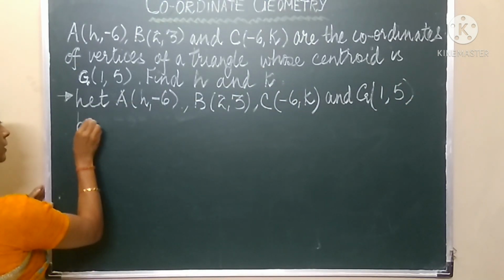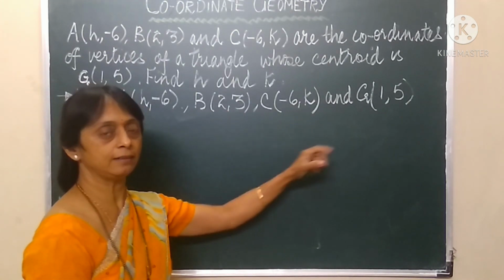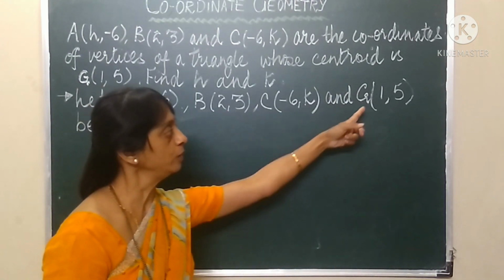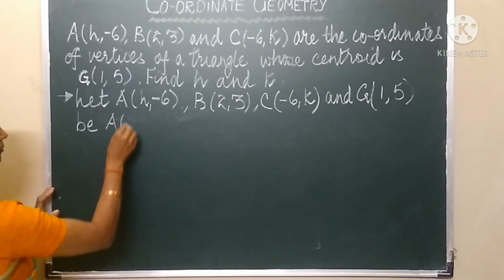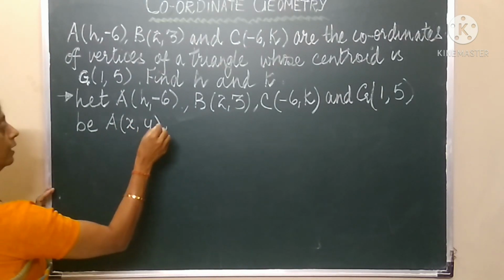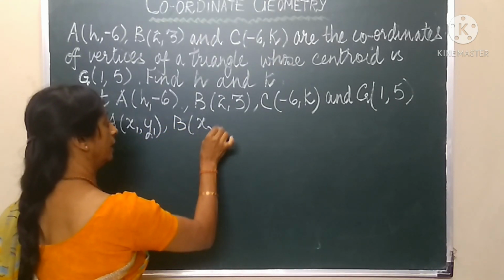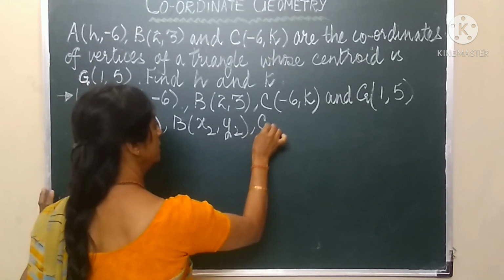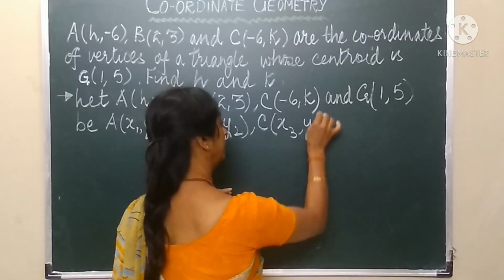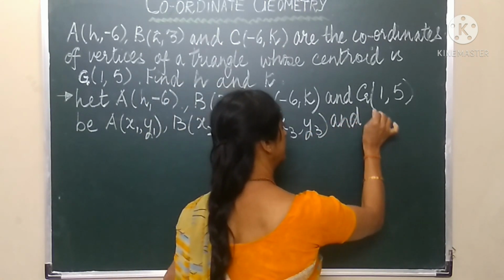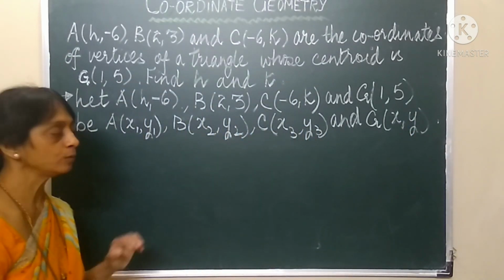As usual, (x1, y1), (x2, y2), (x3, y3), and the coordinates of the centroid will be denoted by (x, y). So A is (x1, y1), B is (x2, y2), C is (x3, y3), and G is (x, y).